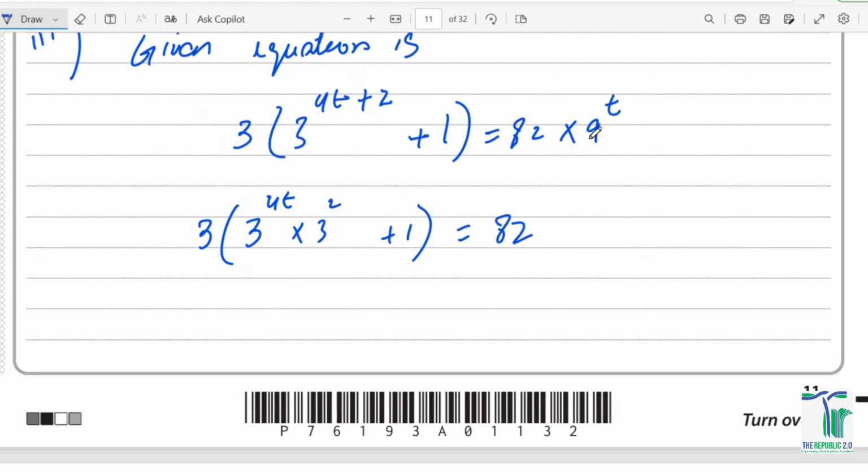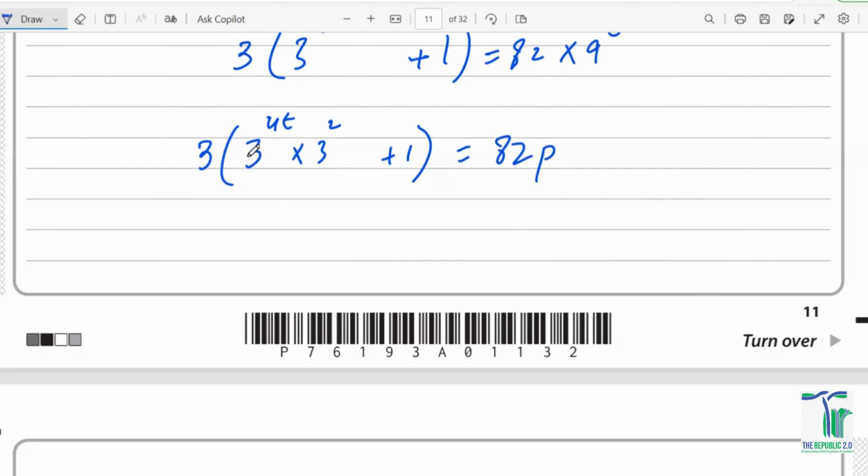I'm just going to use the substitution over here, since 9^t was already p. So I'm just going to write it like this. And now I can simply write it like 3 times 9, because 3 squared is 9, times 3 to the power of 4t. You remember, we can write it as 3 squared to the power of 2t, plus 1, equals 82p.